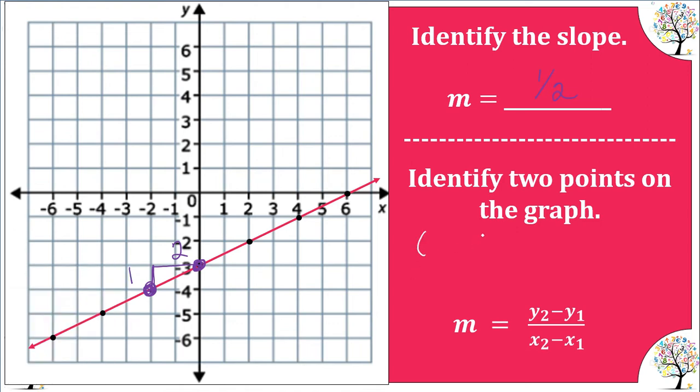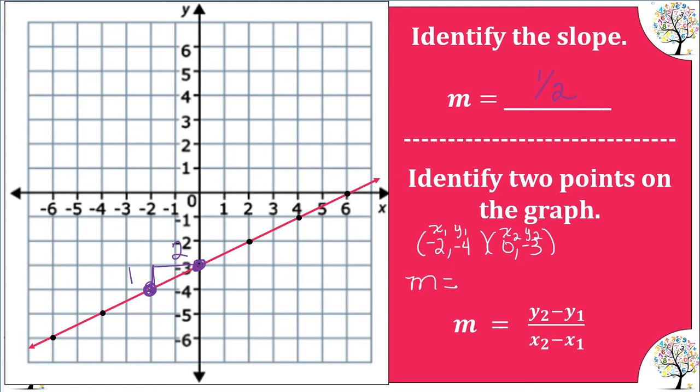The 2 points that I chose, and you can use any 2, I'm going to list the one to the left first. This is -2, -4, and this is 0, -3. This is x sub 1 and y sub 1, and x sub 2 and y sub 2.